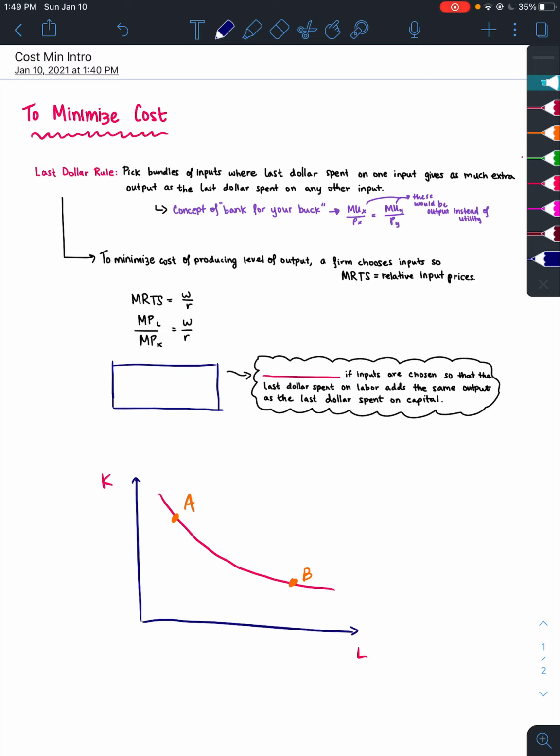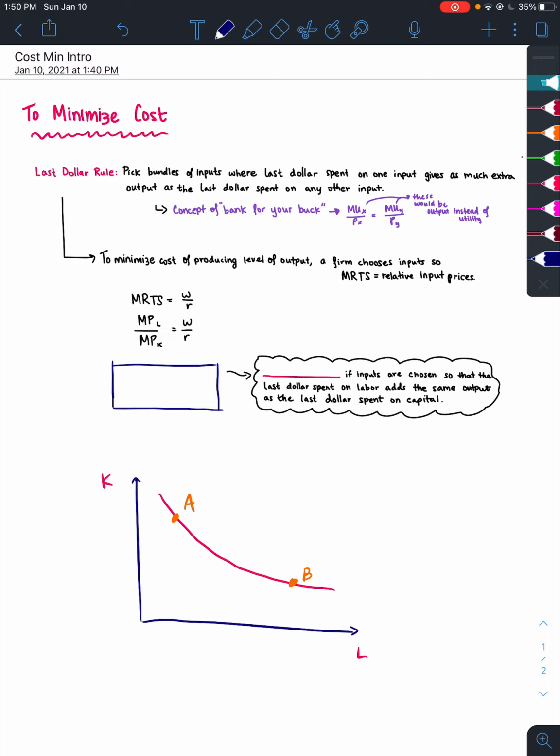If there's one thing that we really want to get from this, it is this whole idea of bang for your buck. Like the last dollar rule is very important, right? That really just means when you're picking the inputs, the last dollar that you spend on one input gives you as much utility as the last dollar that you spend on any other input, right?